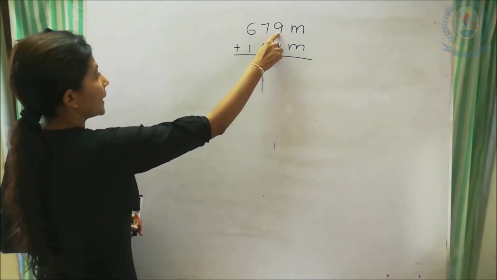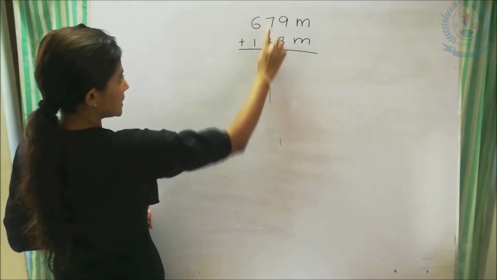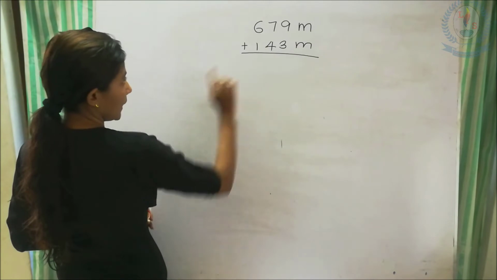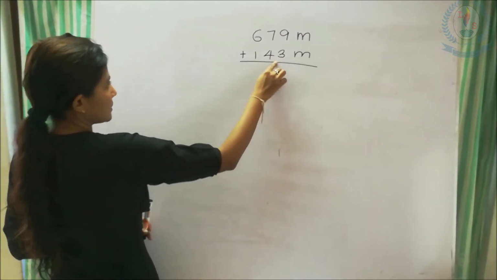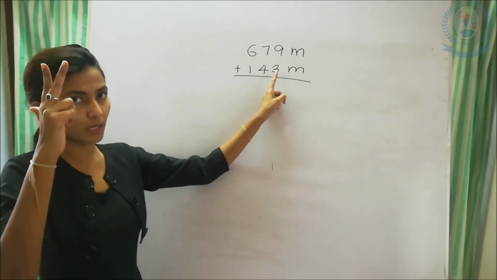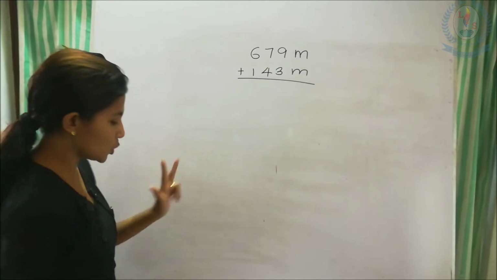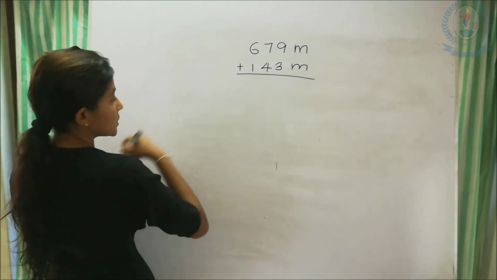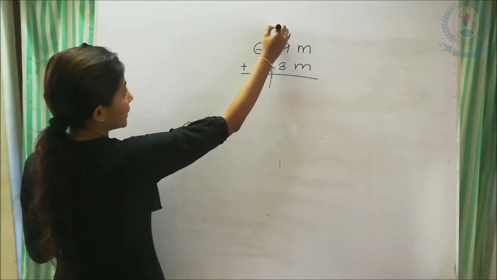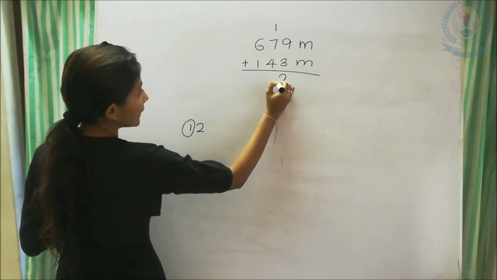Okay, 9 plus 3, we always add starting with the units, then tens, then hundreds. 9 plus 3, that means 9 in your mind, take the 3 fingers. 9, 10, 11, 12. So when you have two digits, 12, we give the first number up and then we write the 2 here.